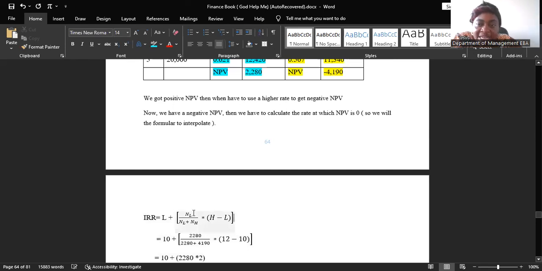NL is the least NPV reported. NH is the highest NPV reported.